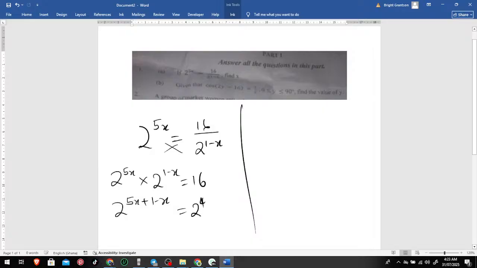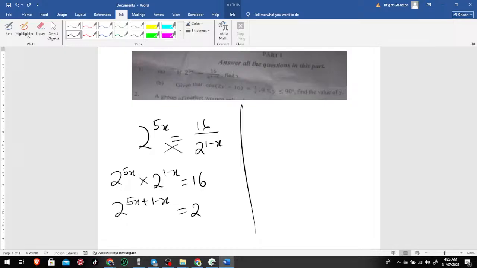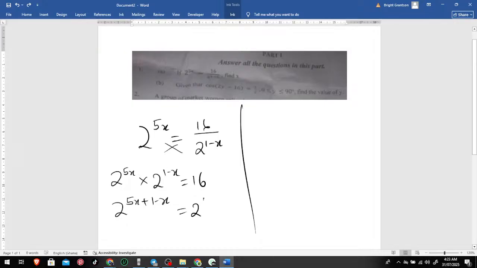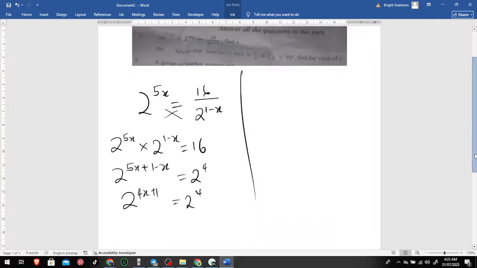Are we okay? So here, 2 exponent 4. When you simplify, 5x minus x is 4x, so you get 2 exponent 4x plus 1 equals 2 exponent 4. Then if the bases are equal, the powers will be equal.